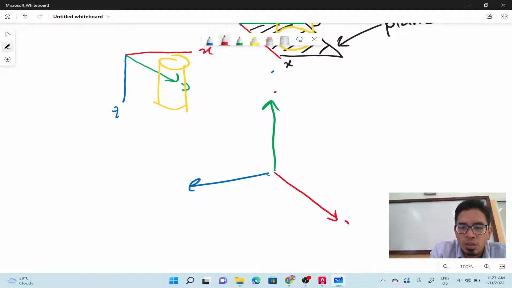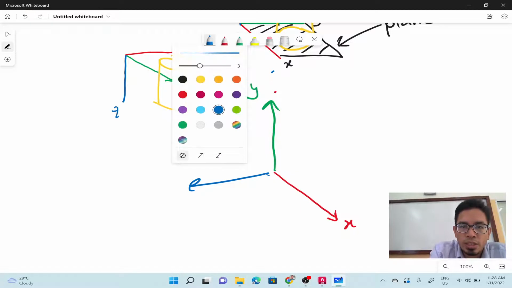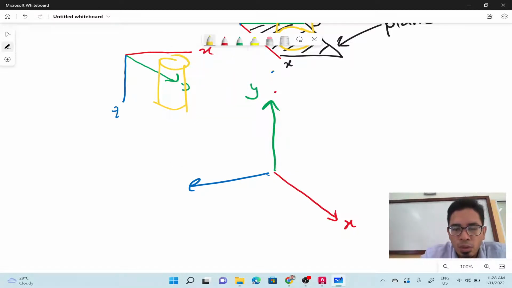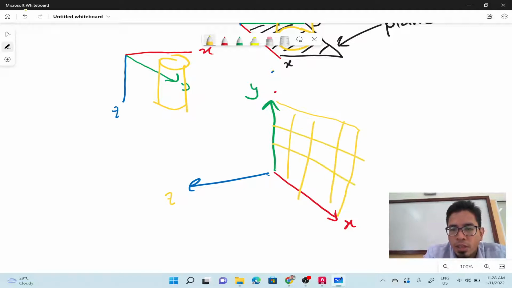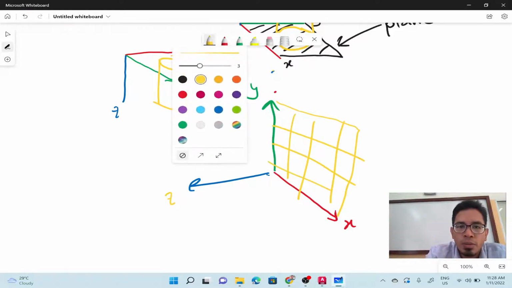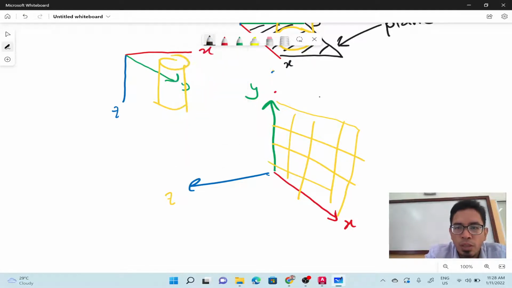I want you to pay attention to how the cylinder will look. Let's forget about Z for now and just focus on the XY plane. When we draw, our cylinder will follow here.